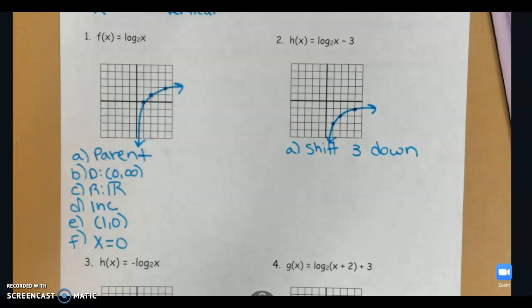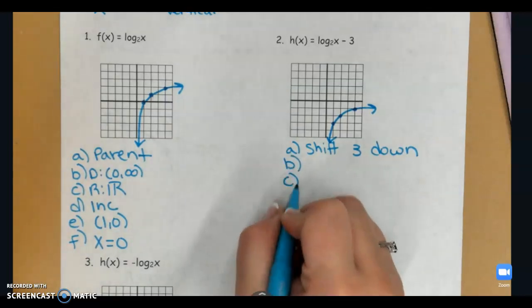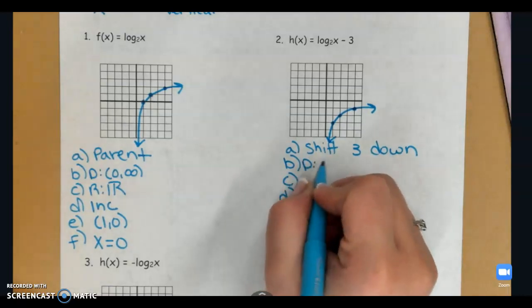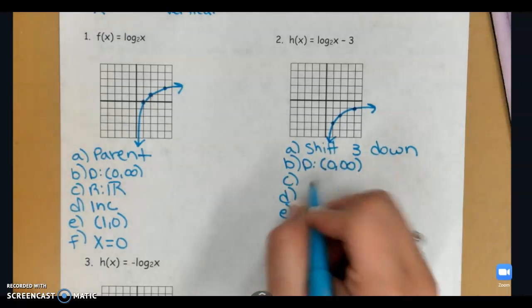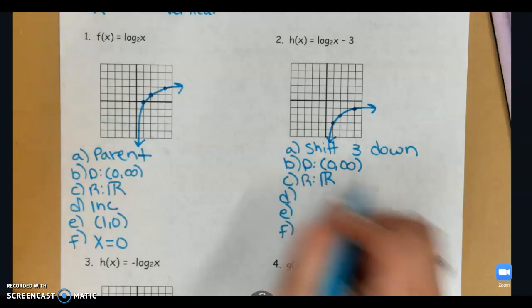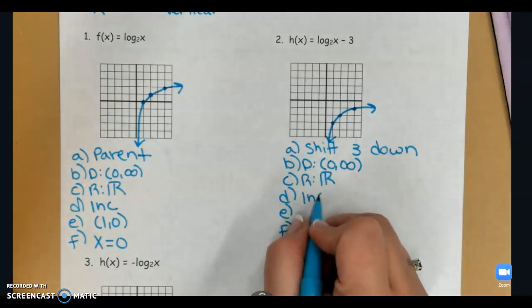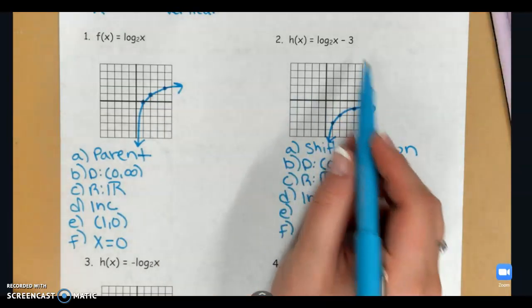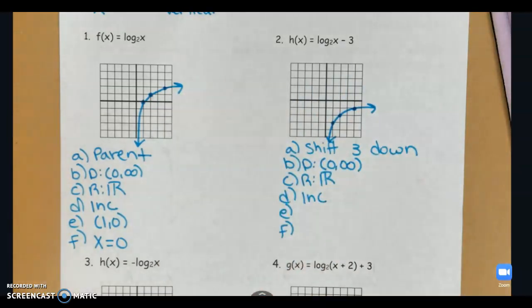And let's look at what changed and what stayed the same. So as far as my domain goes, it's still all positive numbers. My range is still all real numbers. I'm still increasing. But my x-intercept is no longer at (1, 0), and in fact, I can't even see it on my graph. So what can I do to figure that out?